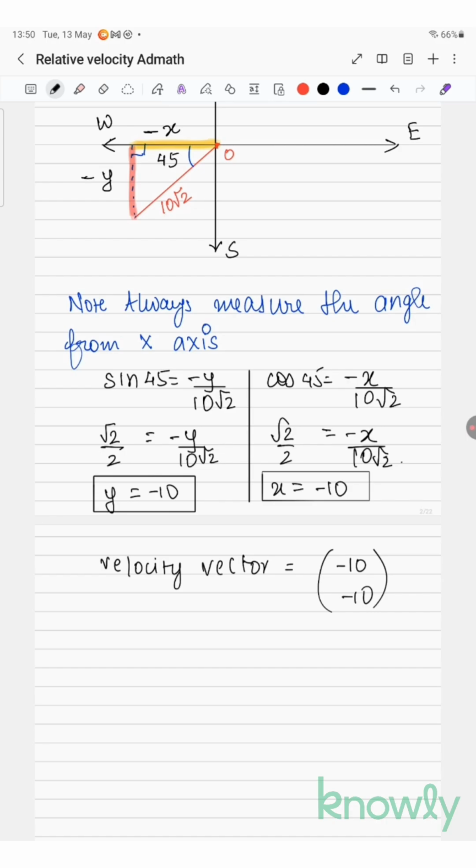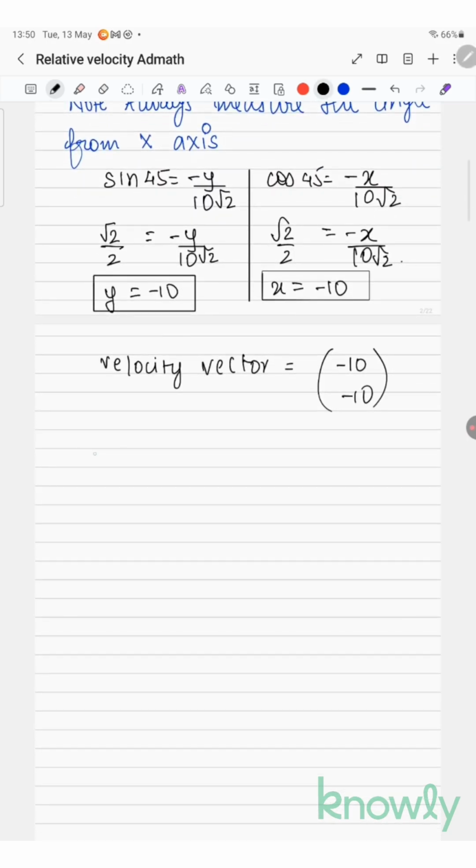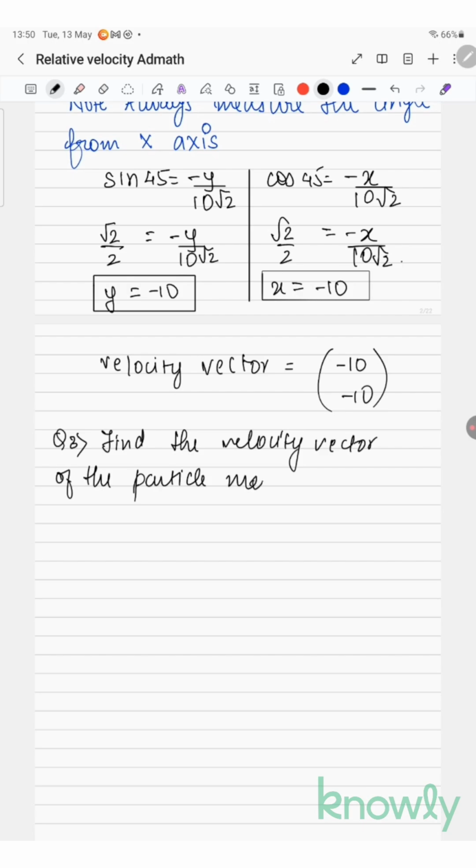Any problem over here? Okay, so let's go to the next type of question. You guys try it. Okay, question 3. Find the velocity vector of the particle moving at the speed of, let's say, 3 root 2 in the northwest direction.